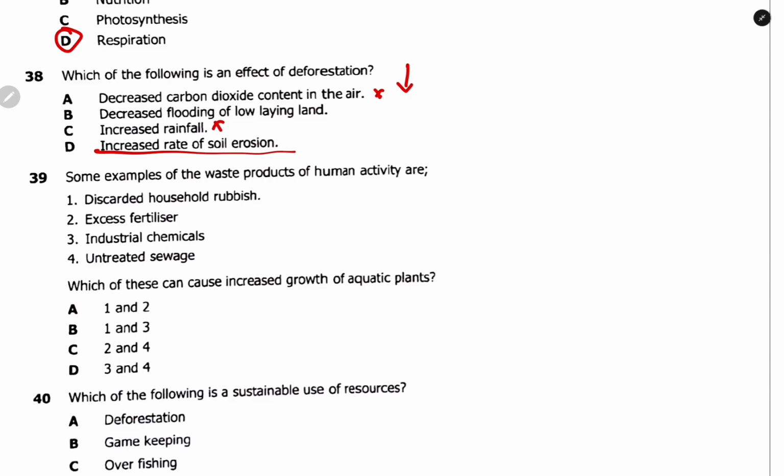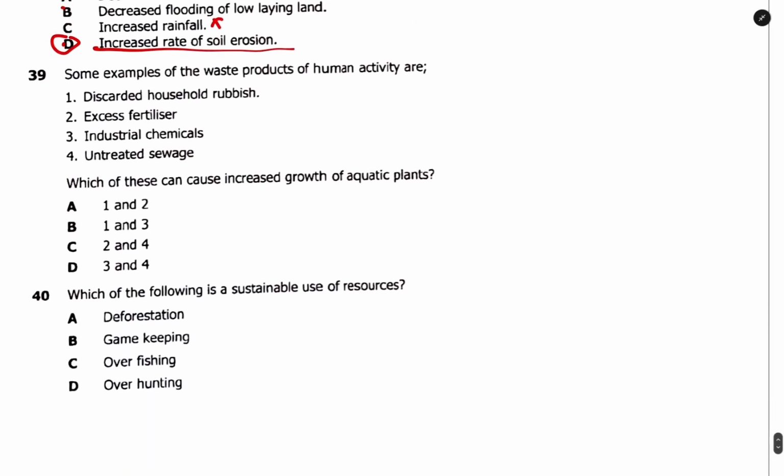When there are no trees, the soil becomes loose and as a result is eroded. So between B and D, I would go for D, increased rate of soil erosion.